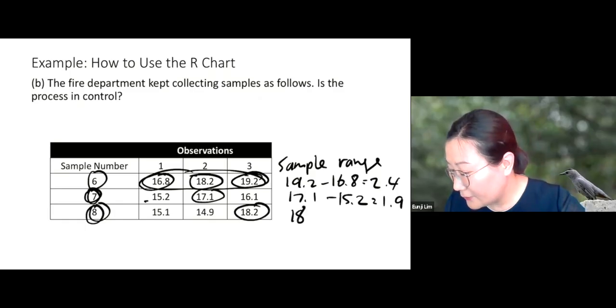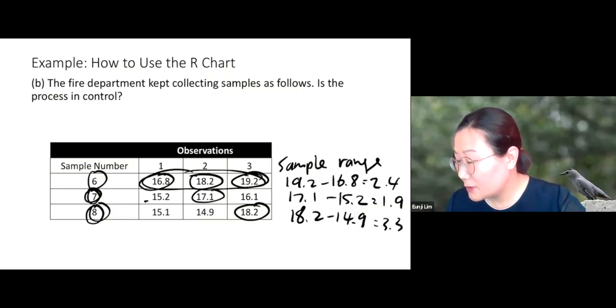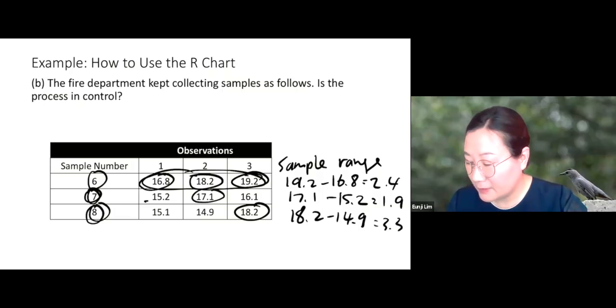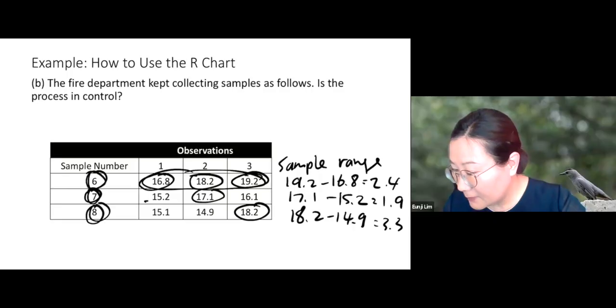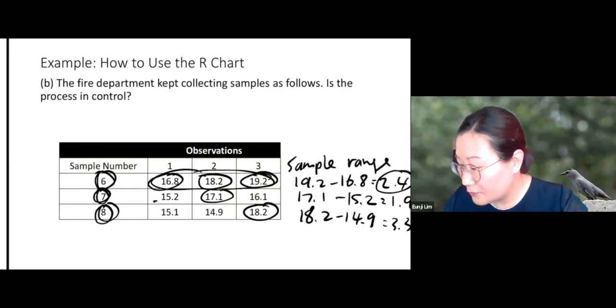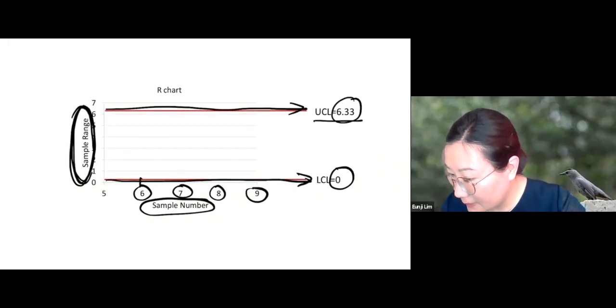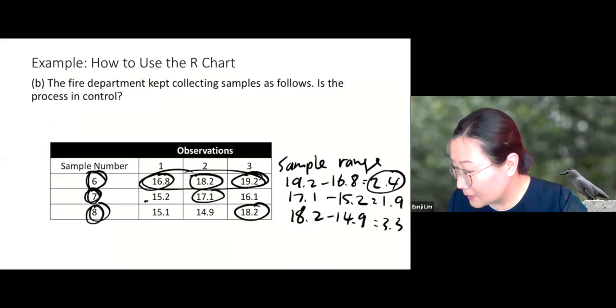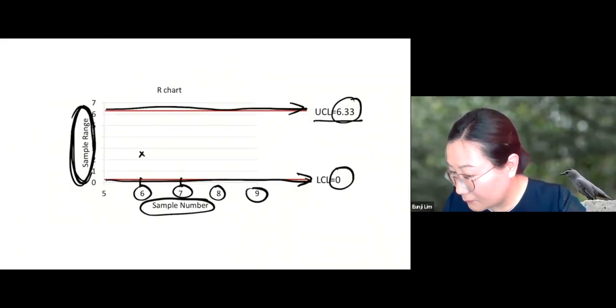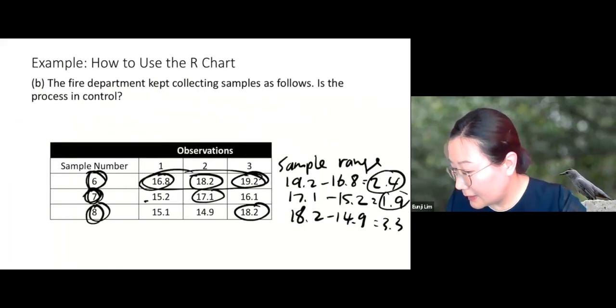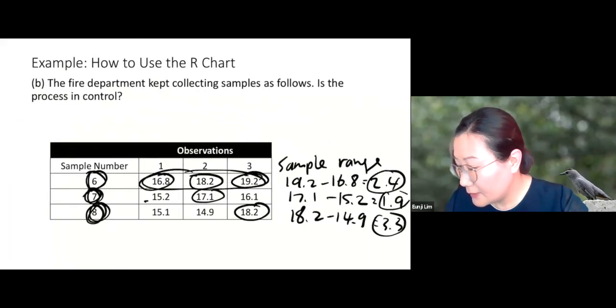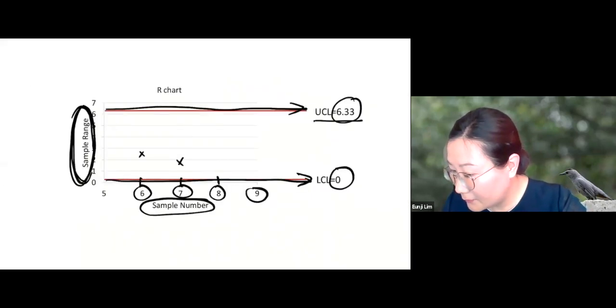The largest value minus the smallest value, 3.3. Okay. And then we're going to plot this on the R chart. Sample 6 and 2.4, 7 and 1.9, and 8 and 3.3.